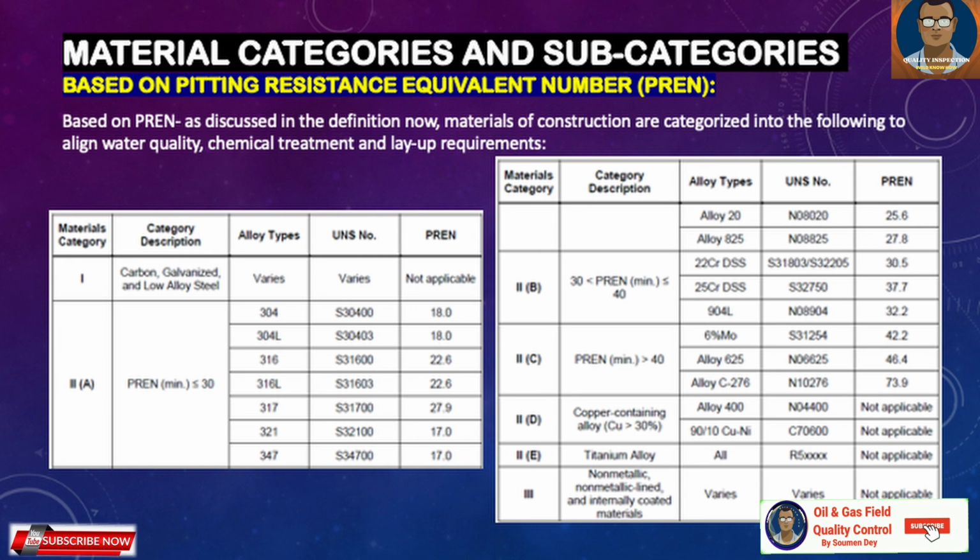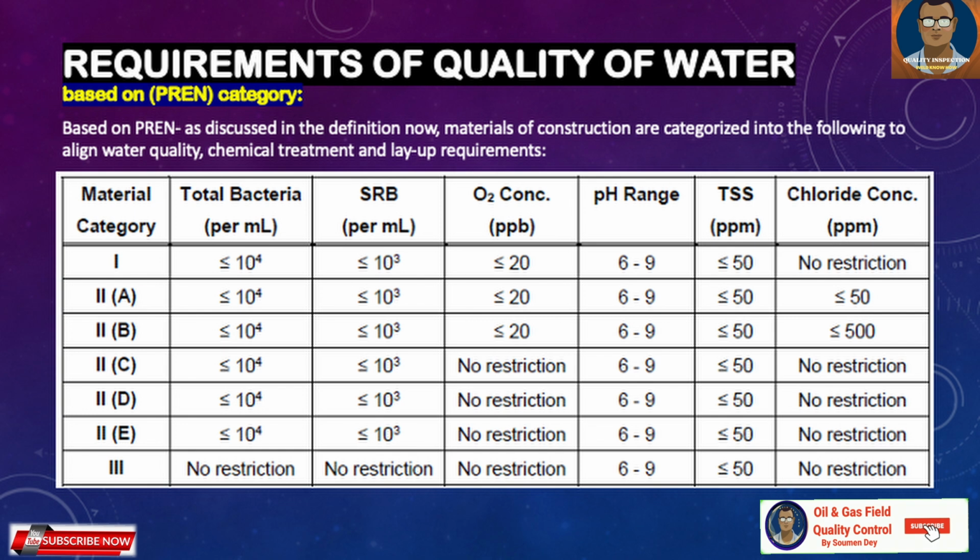Category 2 has 5 subcategories: A, B, C, D, E. If the PREN number is less than or equal to 30, it is A; 30 to 40 is B; over 40 is C; copper-containing alloy is D; and titanium alloy is E. Category 3 is completely non-metallic: RTR, RTP, HDPE. You can see there are some reference PREN numbers also here. We have to use this table to find the final requirement of water quality.